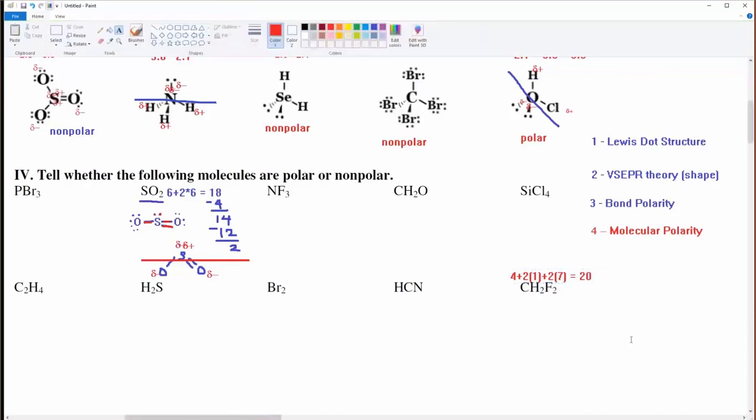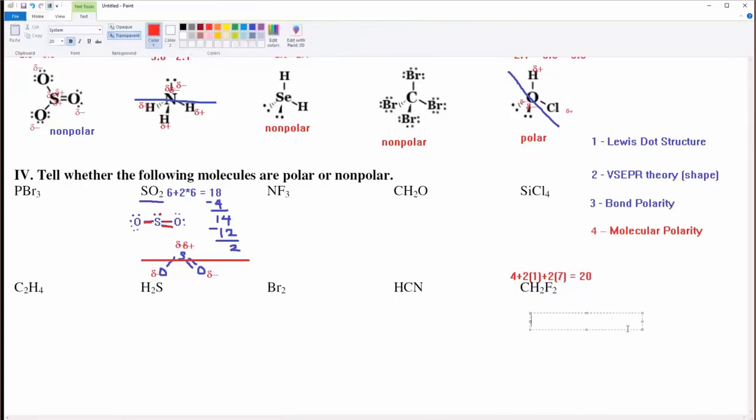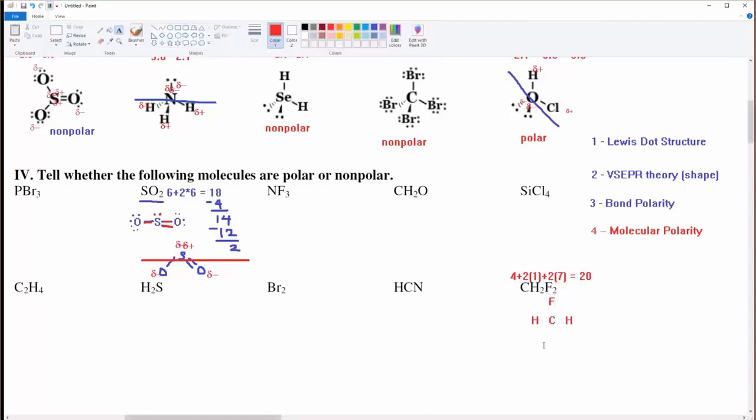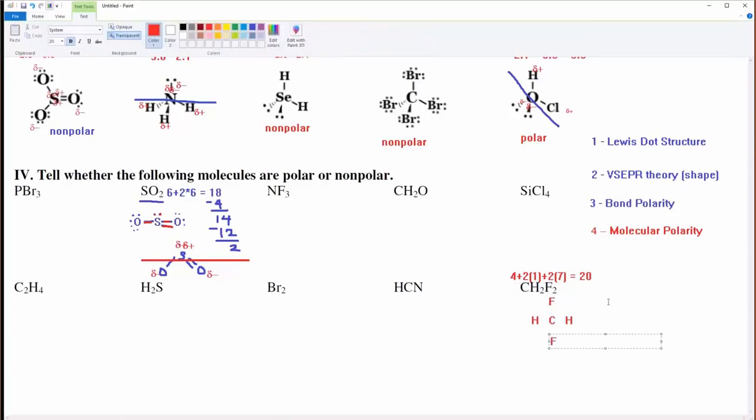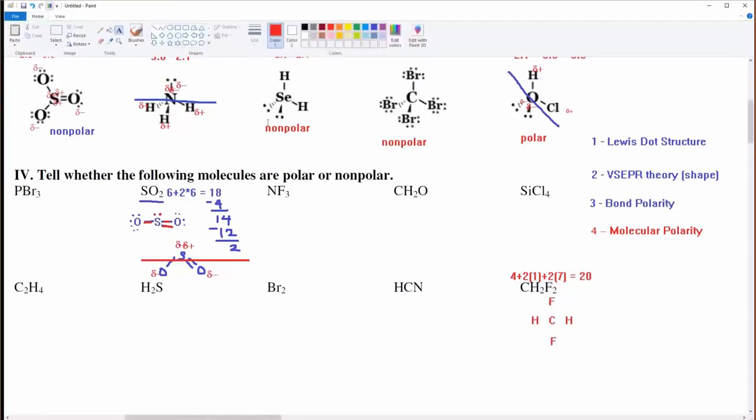Okay. Then what is in the middle? C. Okay, so H, C, H. That doesn't matter where I put the F's or where I put the H's, because remember, this isn't showing anything about shape. It's just showing who owns what electrons. Okay. What next?